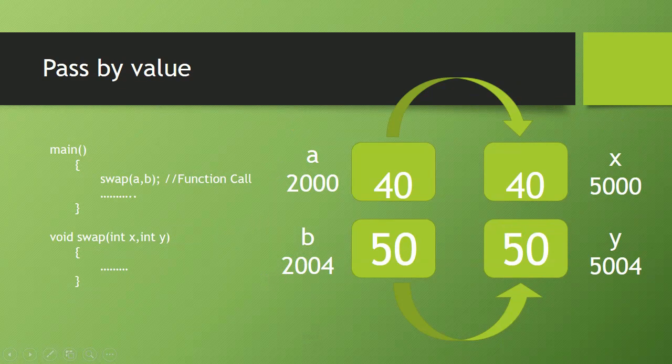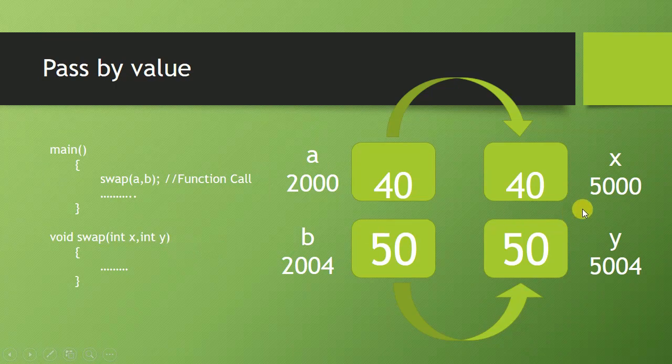Like we can see in the diagram, suppose we have two variables a and b. The a variable is stored at an address of 2000 and the b variable is stored at an address of 2004. Whenever we call a function from our main, we are sending our a variable and b variable to the called function, where we have declared two other variables x and y.